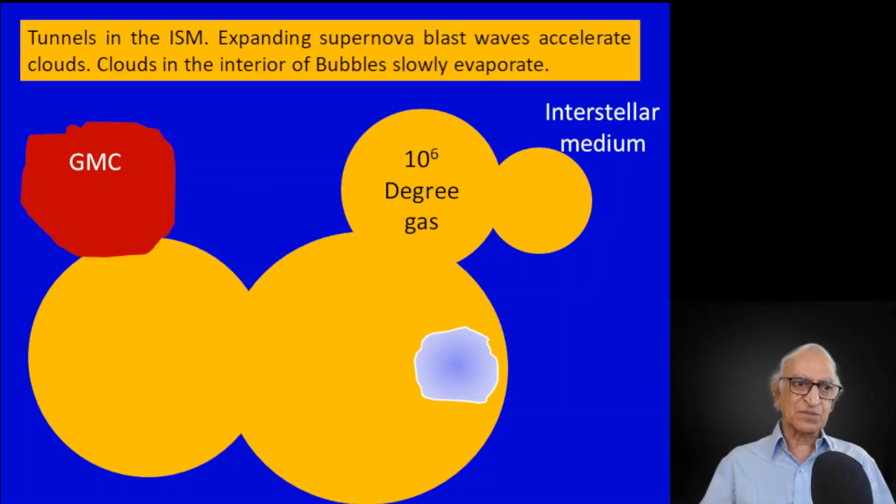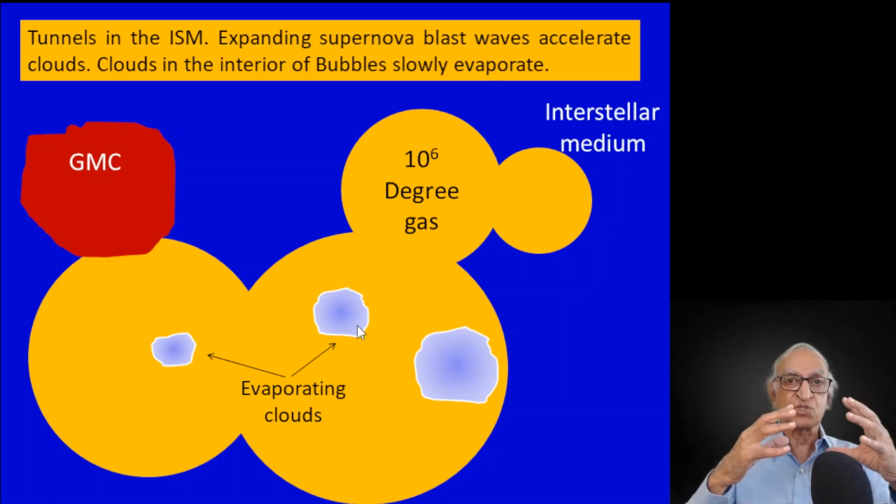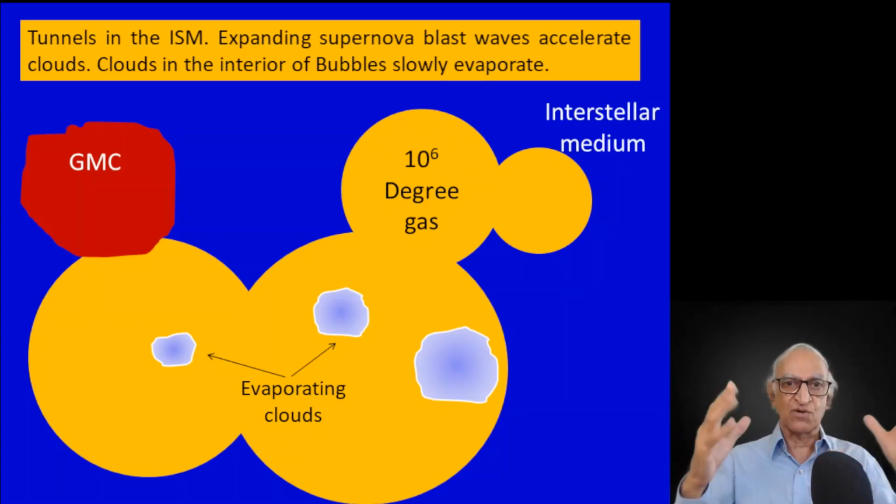Now these expanding supernova remnants encounter interstellar clouds. It may be a giant molecular cloud, or it may be a neutral hydrogen cloud, which is seen in 21 centimeter radiation. So here you have hydrogen clouds which have been swallowed by the expanding supernova bubble.